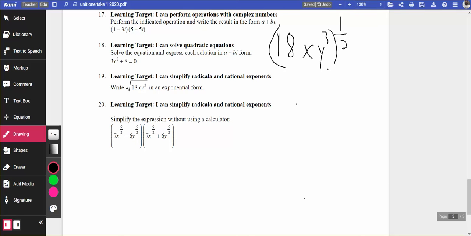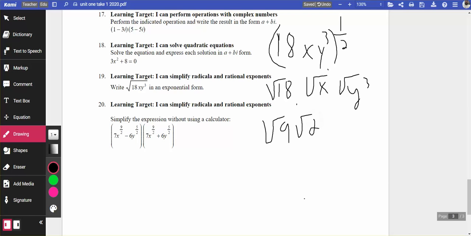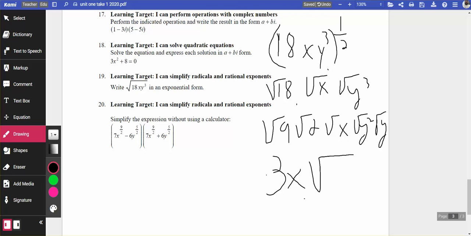But if you did it like this, if you did square root of 18, square root of x, and square root of y cubed, and you break down the square root of 18 into radical 9, radical 2, radical x, radical y squared, and radical y, the radical 9 and the y squared come out and you get 3y, and inside the radical you get 2xy.